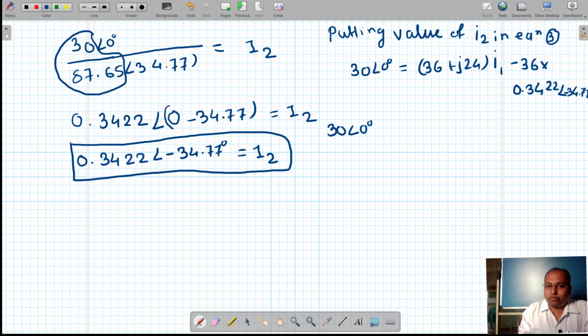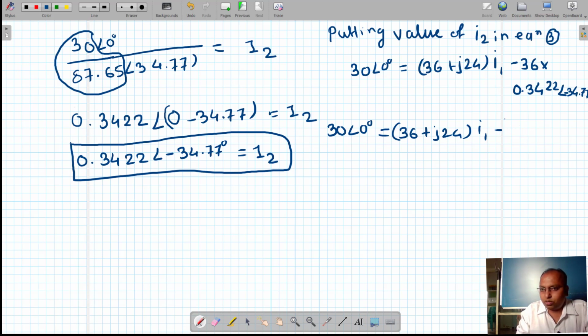Okay, now let us go for the further calculation. Let us keep j24 and all those things as they are, so the I1 term is as it is. Now let us do the multiplication of 36. So 36 multiplied by 0.3422 results in 12.31.